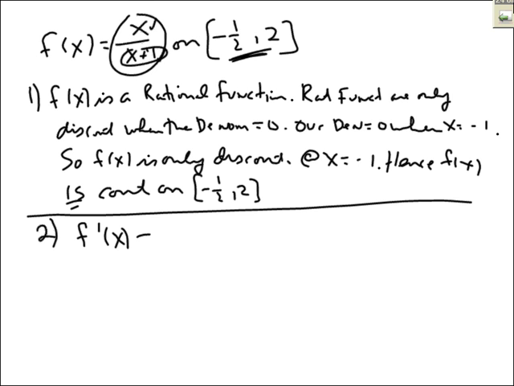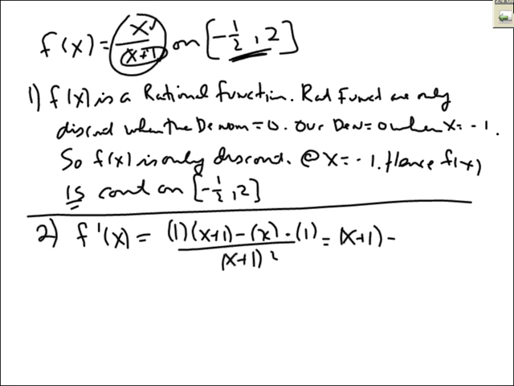Quotient rule: the derivative of the top, which is 1, times the bottom, minus the top times the derivative of the bottom, over the bottom squared. 1 times x plus 1 is x plus 1, minus 1 x times 1 is x, over x plus 1 squared.